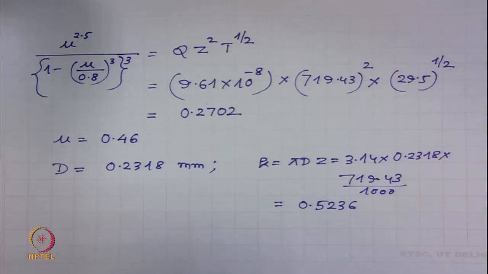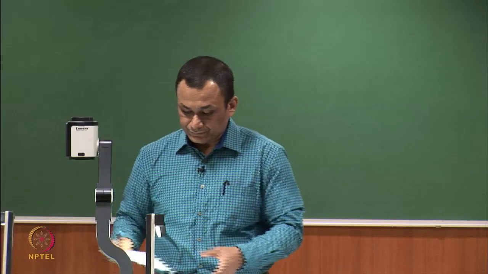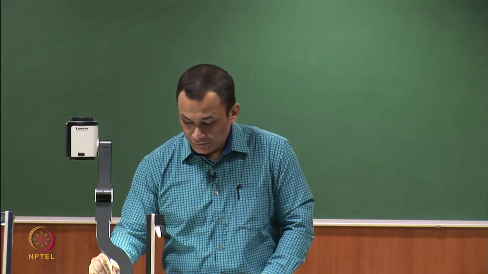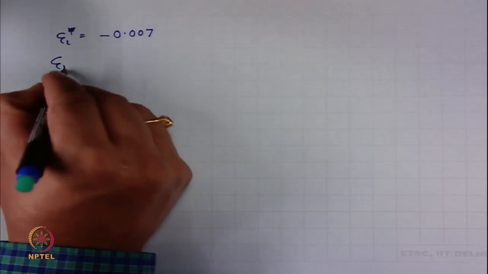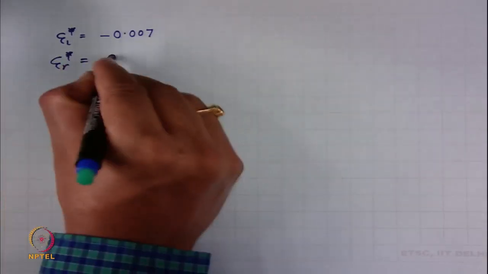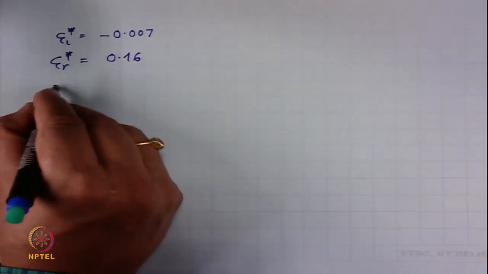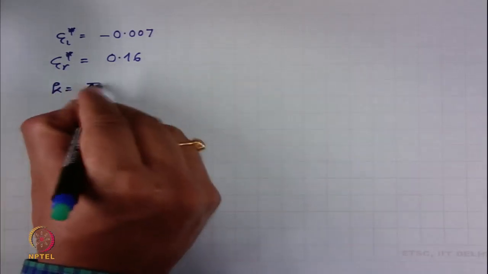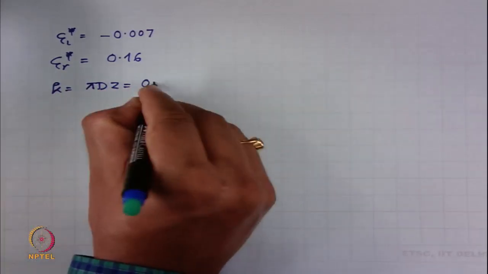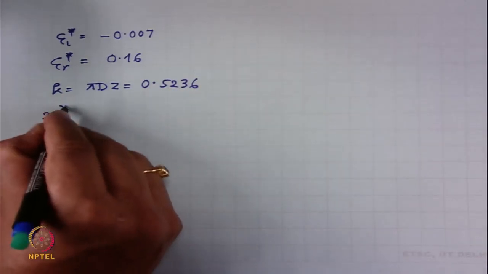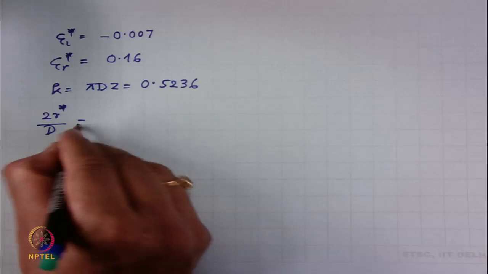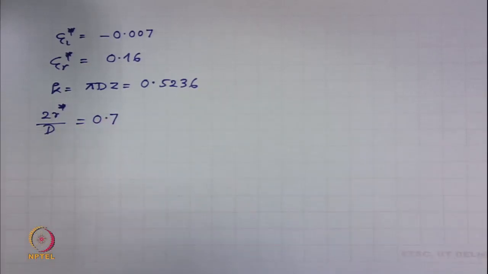So, now you know all values. You know this value 0.007, you know kappa, you will consider this.